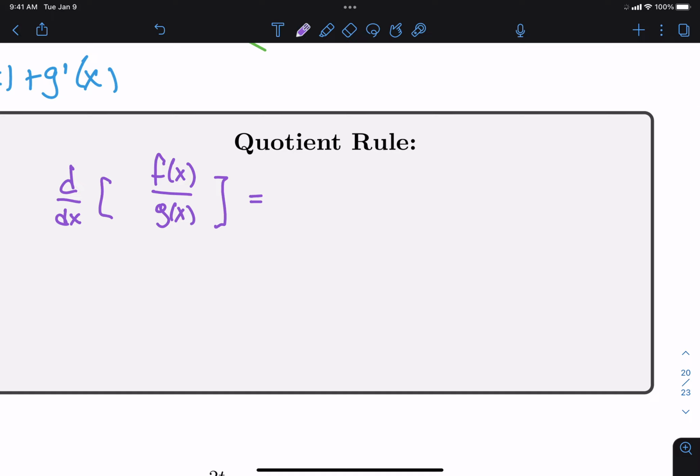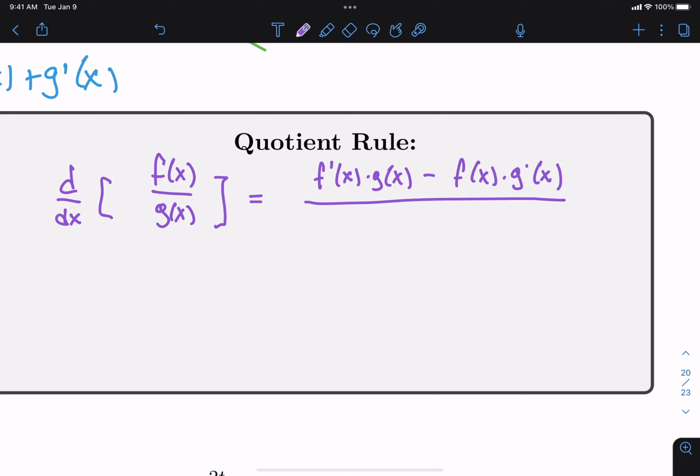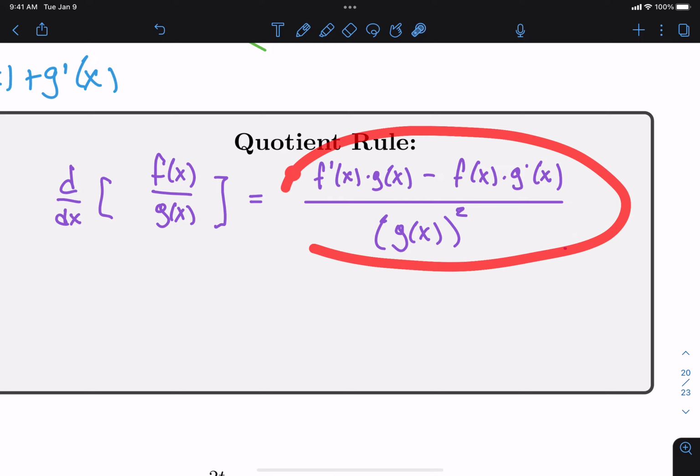And the results will be the following. f prime of x times g of x minus f of x times g prime of x, all divided by g of x squared. Okay, so the reason I say this is annoying is because this is kind of complicated to memorize.